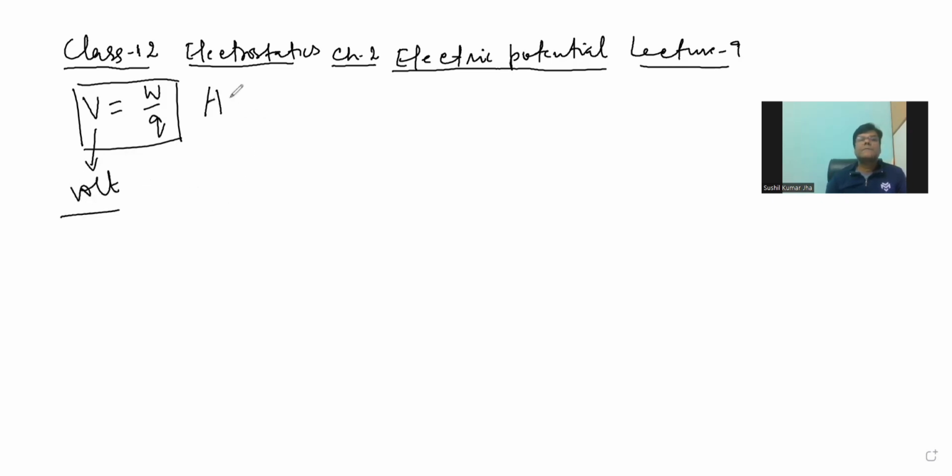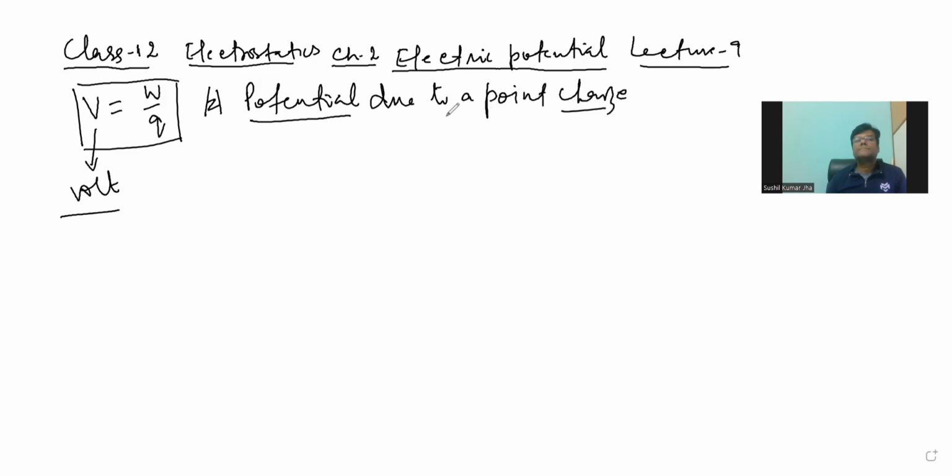Now, potential due to a point charge. For this, we assume that we have a point O where we have a charge.